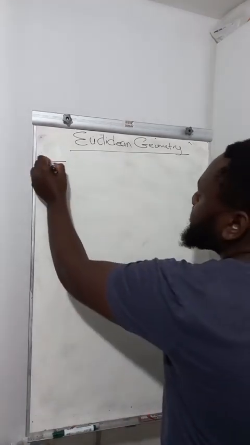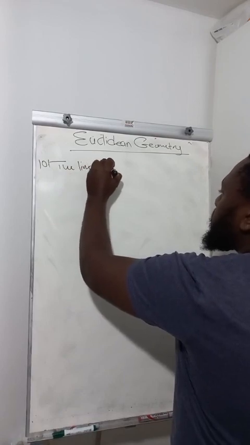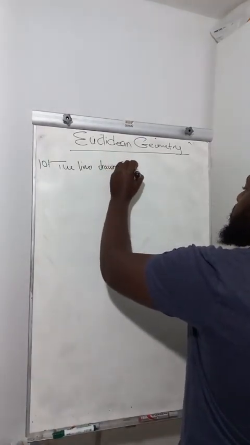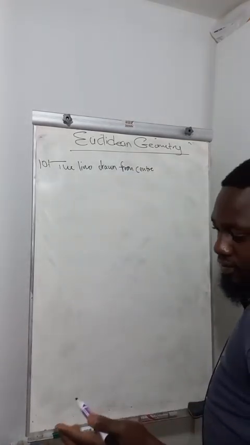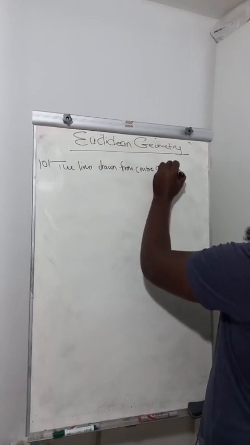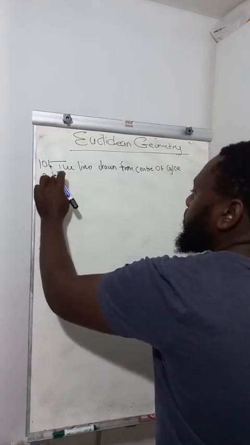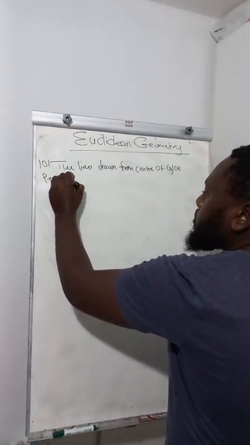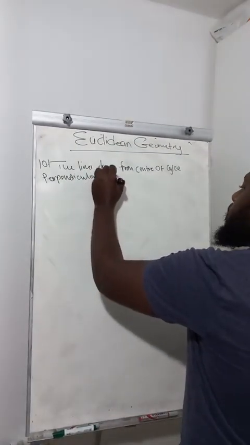The line drawn from the center of the circle perpendicular to the chord.